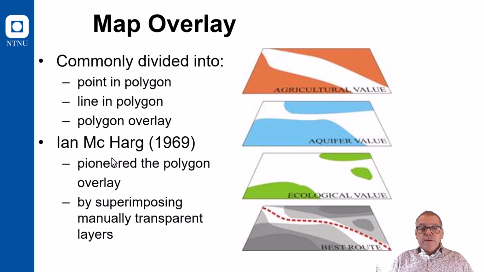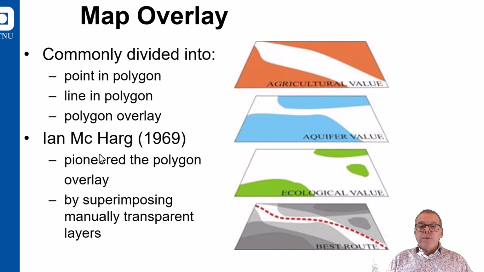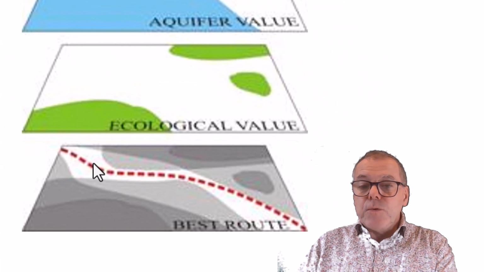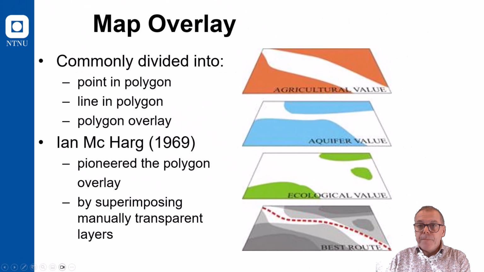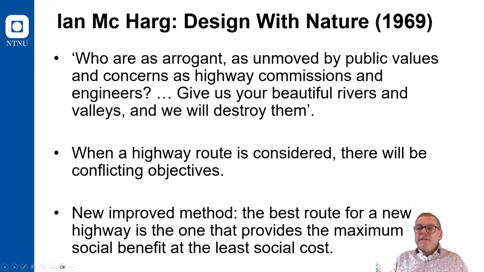What Ian McHarg did was to manually superimpose transparent layers on different factors which were important for a decision where to locate the best route for a new highway. Ian McHarg was a landscape architect, and he is particularly famous for his book from 1969, Design with Nature.